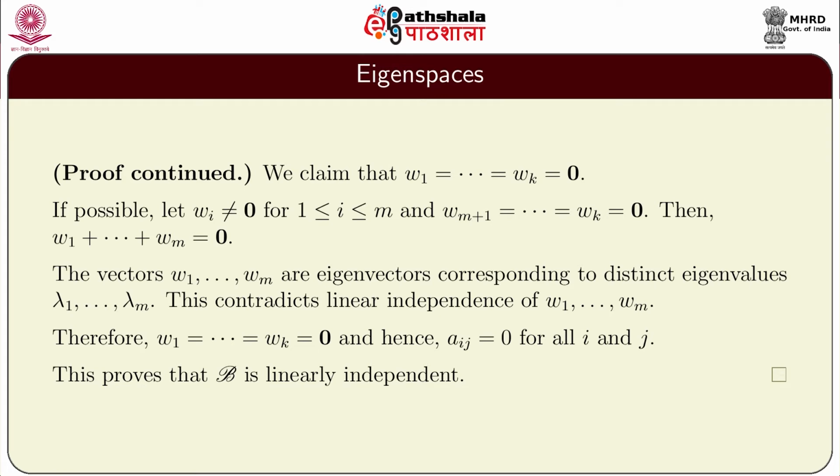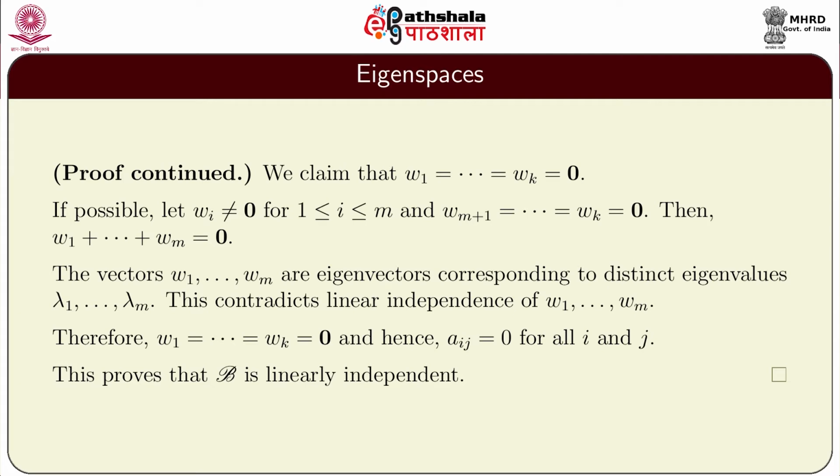So, suppose not, and if possible let Wi be non-zero for i between 1 and m, and Wm plus 1 and so on up to Wk be 0. Then that sum reduces to W1 and so on up to Wm is equal to 0.